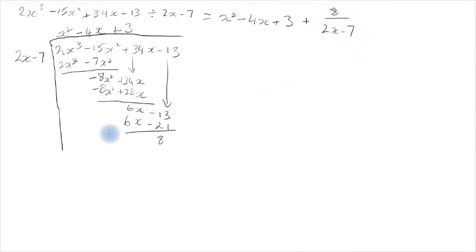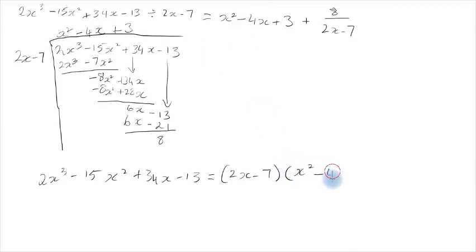Or, once again, we have our second option of how to write this: 2x cubed minus 15x squared plus 34x minus 13 equals our 2x minus 7 multiplied by our answer, x squared minus 4x plus 3, plus our remainder of 8. There we go, our remainder of 8.